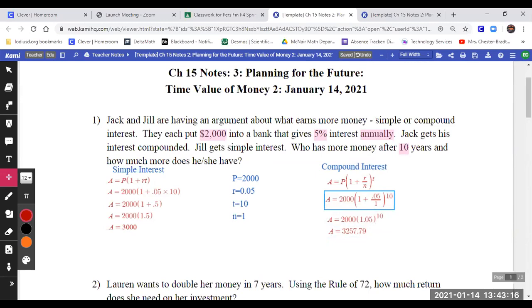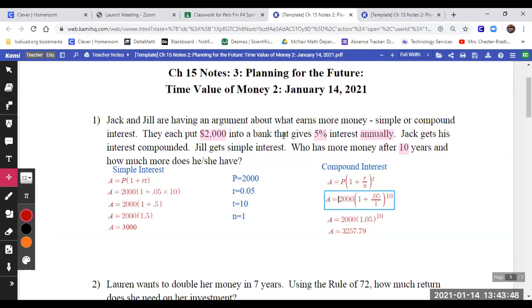Okay, so who has more money after 10 years? Anything else? You can, but don't do that in the test. In the long run, don't do the two things in the test. Just put the final answer around it. Okay, so who had more and how much more?